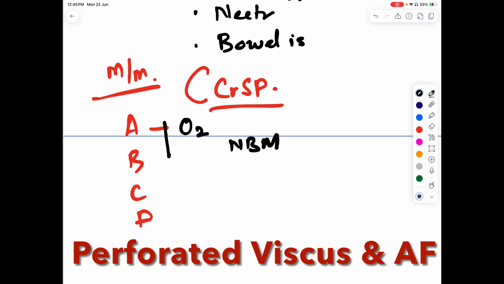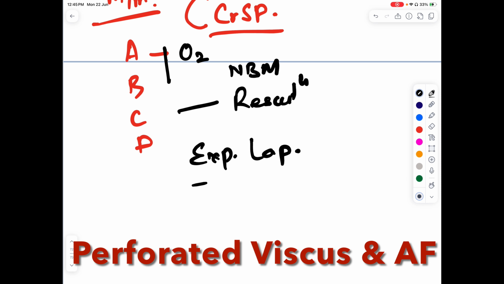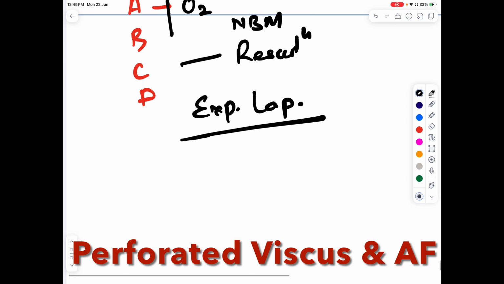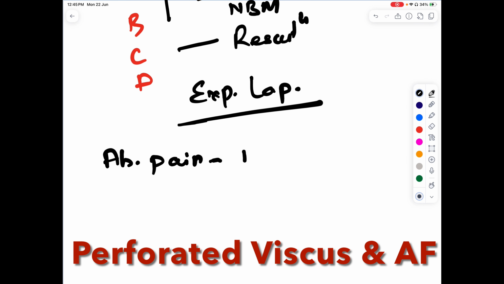Resuscitation with fluids, and after resuscitation, the patient needs exploratory laparotomy. This patient needs surgery. You should consider that abdominal pain may be myocardial infarction presenting. That should be kept in mind.